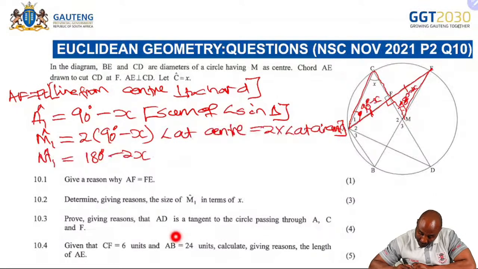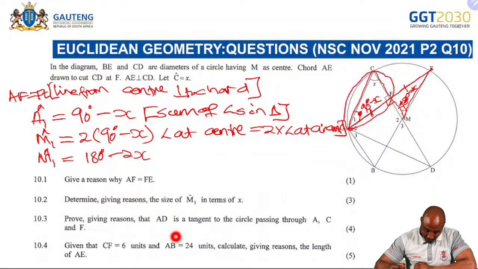It won't be a perfect circle. So, in other words, we have to prove that our AD is a tangent, so in short, we have to prove that our angle A2 is equal to X as well.